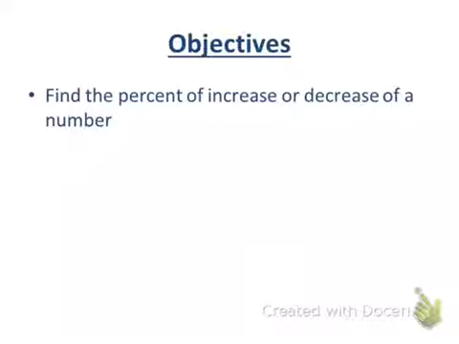So the percent of increase or decrease is always a percentage of the original amount. To find a percentage of something, we multiply the percent over 100 times whatever the amount is. Percents cannot stand alone. It's always a percent of something or part of something.